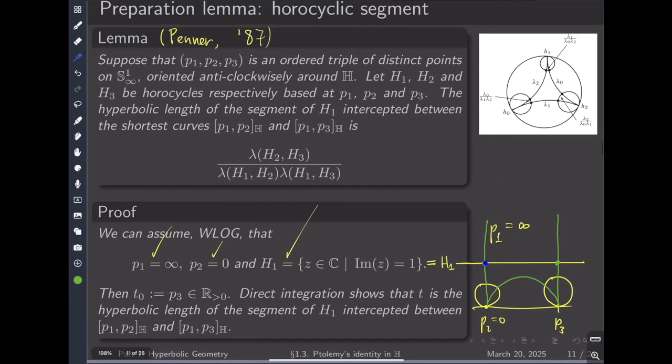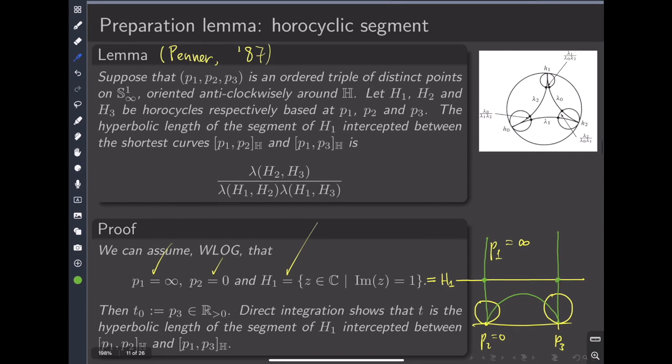So I want to prove that the hyperbolic length of this segment is, sorry, not the product, but this lambda length, the lambda length of this segment, divided by the product of the lambda length of this times the lambda length of this. That's what I want.